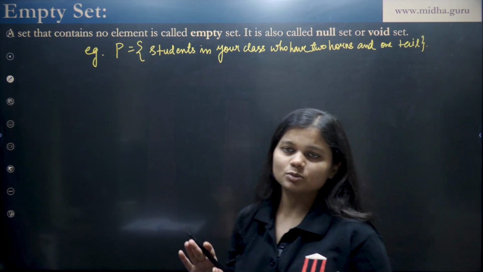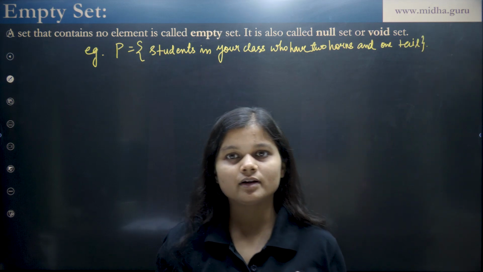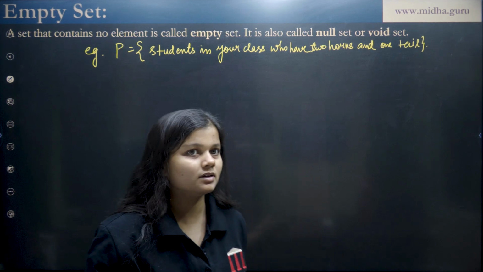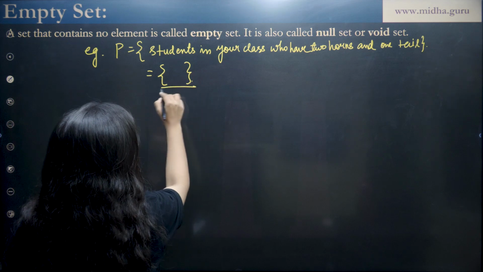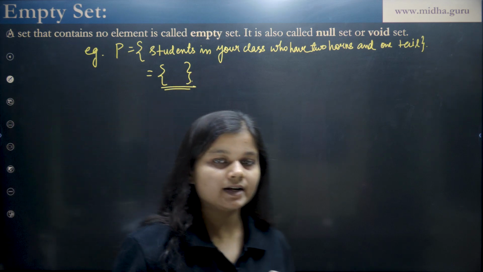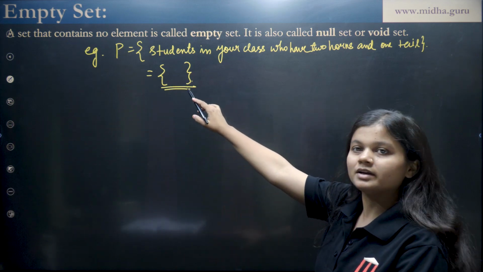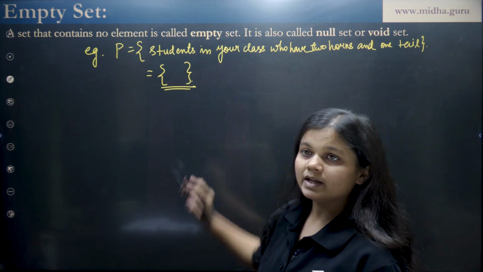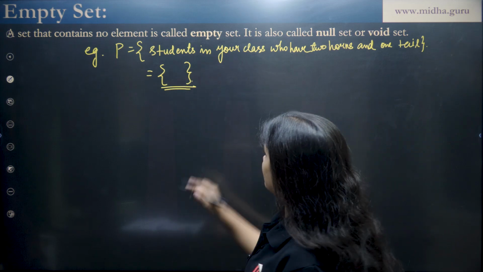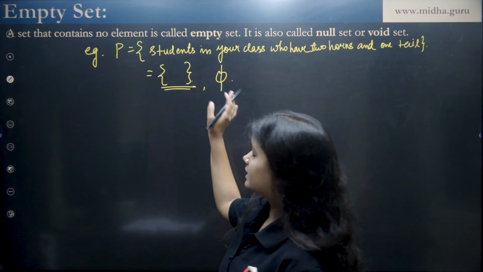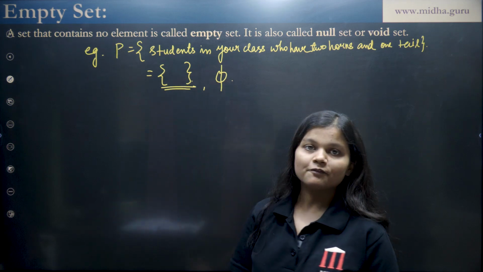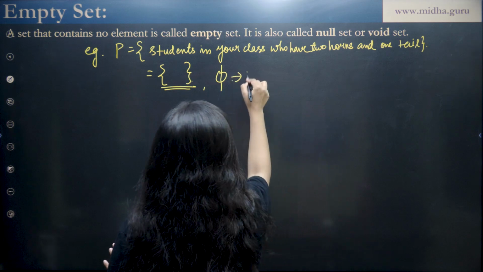So is there any student in your class who has 2 horns and 1 tail? No, not possible, right? So this is an example of empty set. An empty set can be represented by using curly braces without writing any element inside it, or just by writing the symbol phi. The number of elements inside the empty set is 0, so it is phi. Okay, this is phi.